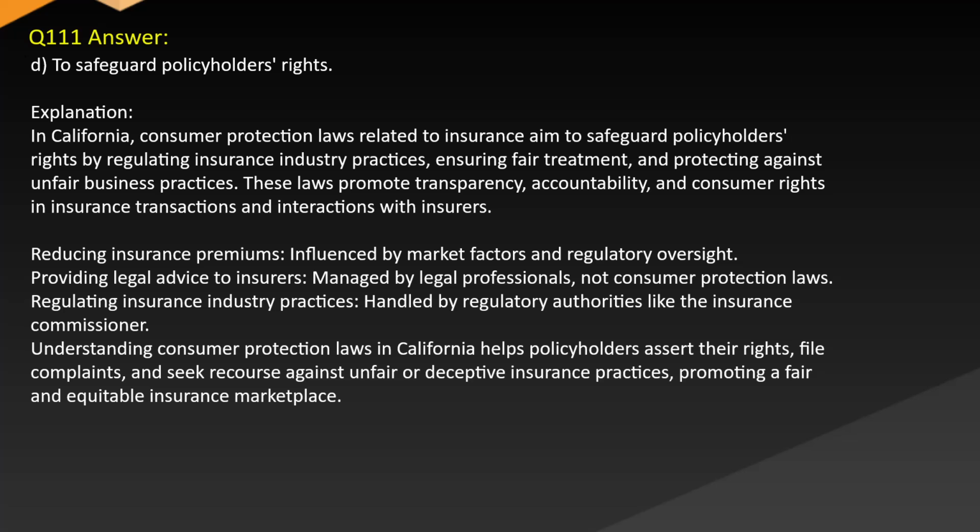Reducing insurance premiums is influenced by market factors and regulatory oversight. Providing legal advice to insurers is managed by legal professionals, not consumer protection laws. Regulating insurance industry practices is handled by regulatory authorities like the Insurance Commissioner.